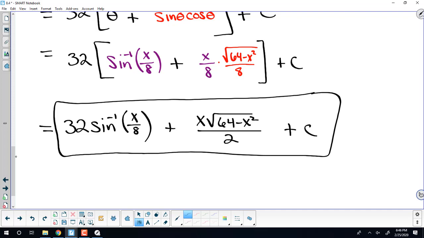So again, the derivative of all of this stuff should be the square root of 64 minus x squared, once you simplify that.